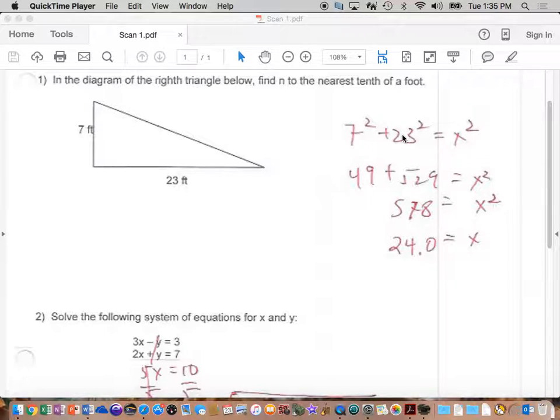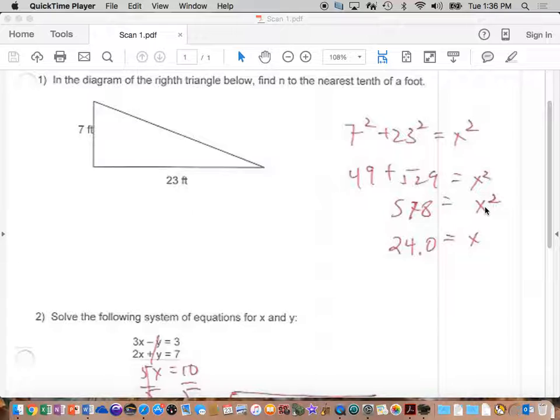So 7 squared plus 23 squared, leg squared plus leg squared, is the hypotenuse squared. And I should have drawn an X here, and I also should have written leg, leg, and hypotenuse, and the right angle. I kind of went too quickly with that. 7 squared is 49. 23 squared is 529, equals x squared. I add them up, and I get 578 is x squared.